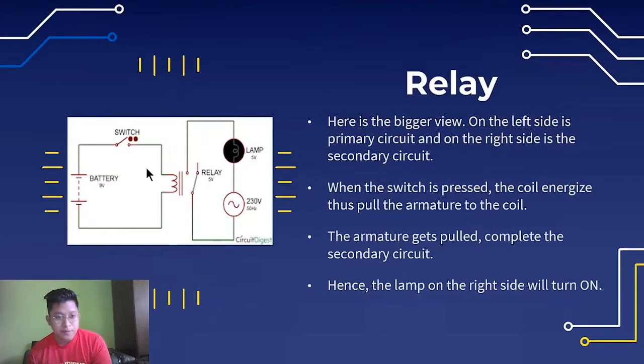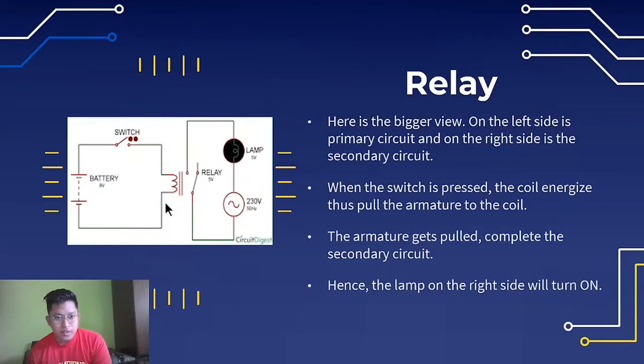Next I will show this. Here, this is the primary circuit and this is the secondary circuit. When the switch is pressed, the battery will supply voltage to the relay. This is the symbol for the coil, then this is the relay, and this is the secondary circuit.